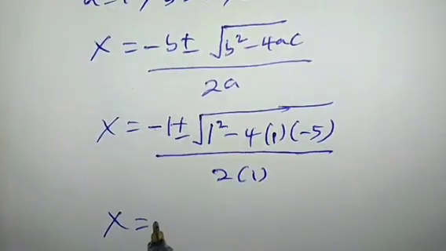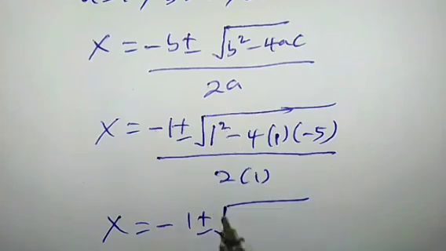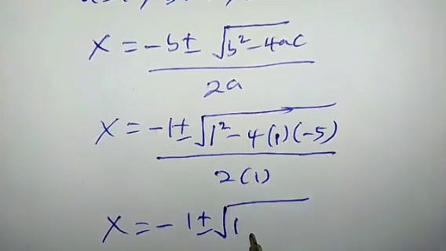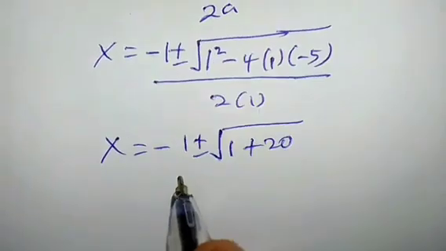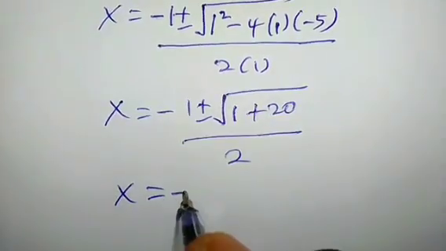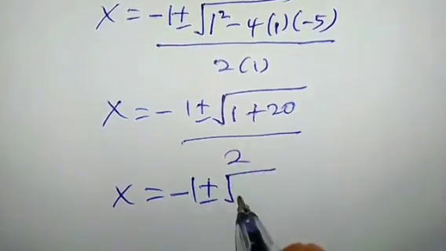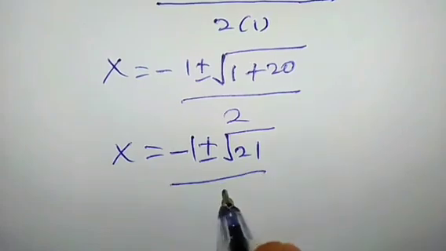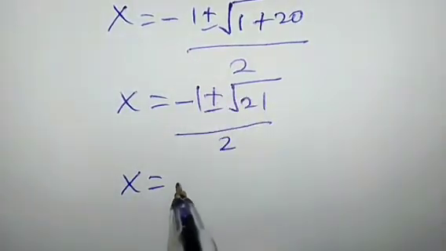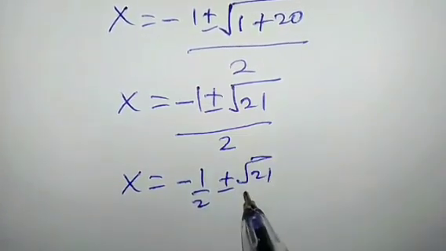X equals negative 1 plus or minus square root of 1 to the power of 2, that is 1, minus 4 times 1 times negative 5, that is plus 20, all over 2 times 1, that is simply 2. X equals negative 1 plus or minus square root of 1 plus 20, that is 21, all over 2. This whole guy could be written as negative 1 over 2 plus or minus square root of 21 over 2.